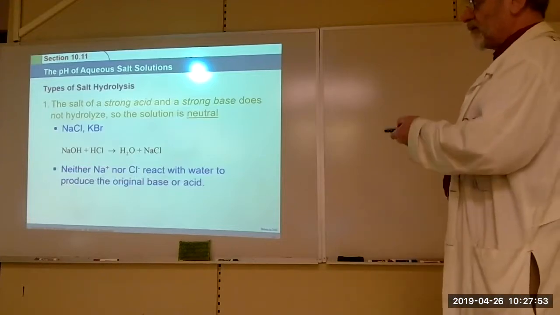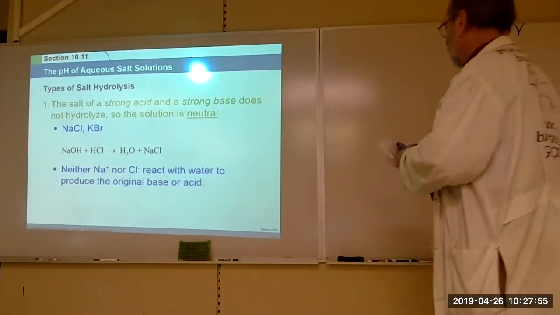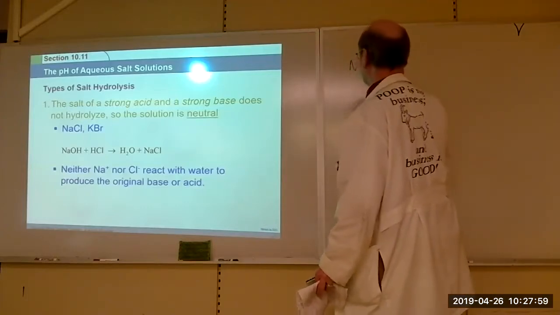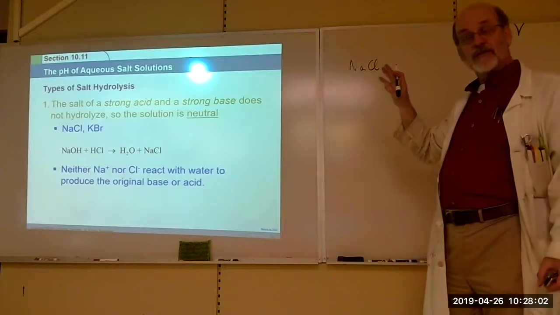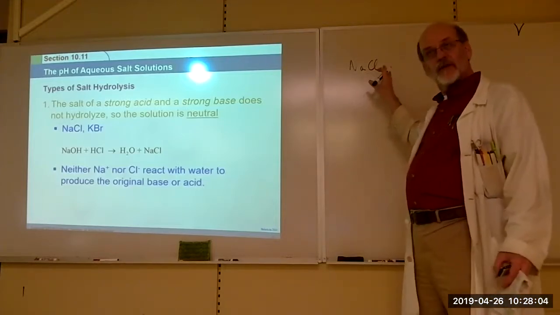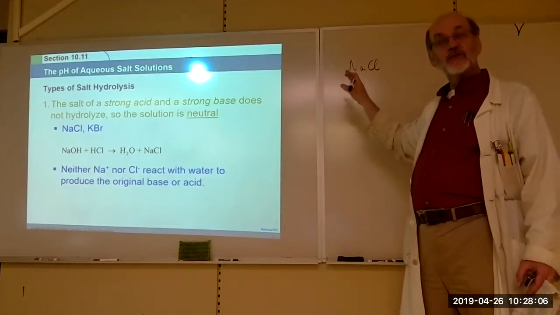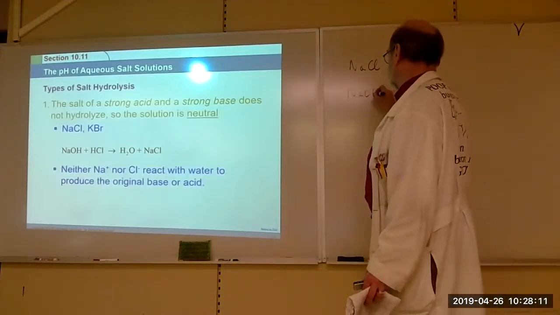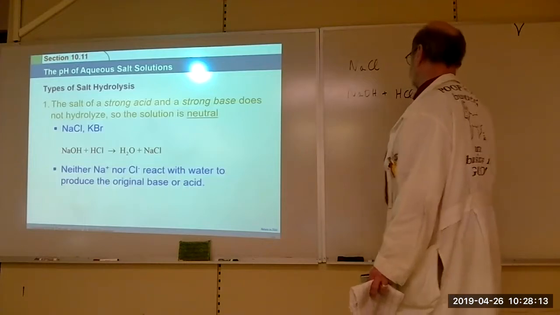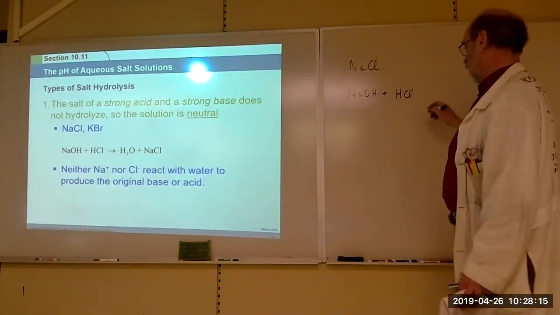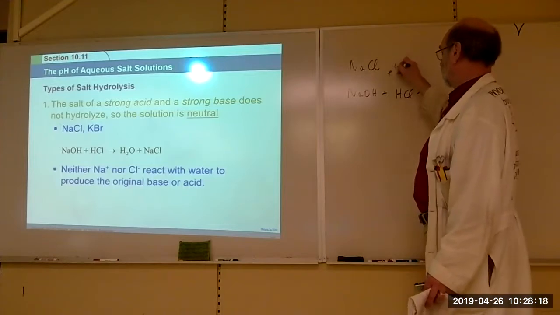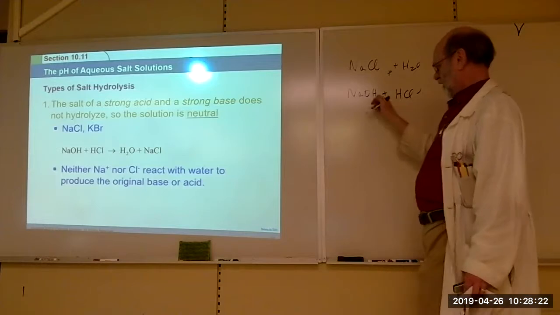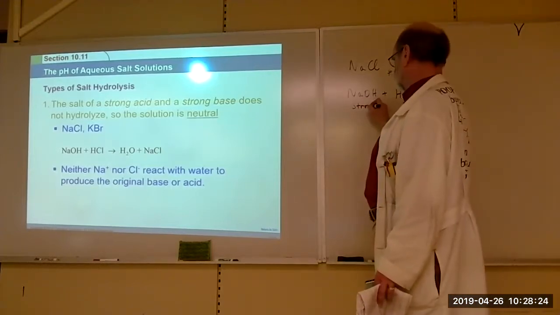So if we have sodium chloride, where did that originate from? If this is a salt, the acid-base neutralization reaction would be sodium hydroxide plus hydrochloric acid, and that would produce this plus water. So this is a strong base.